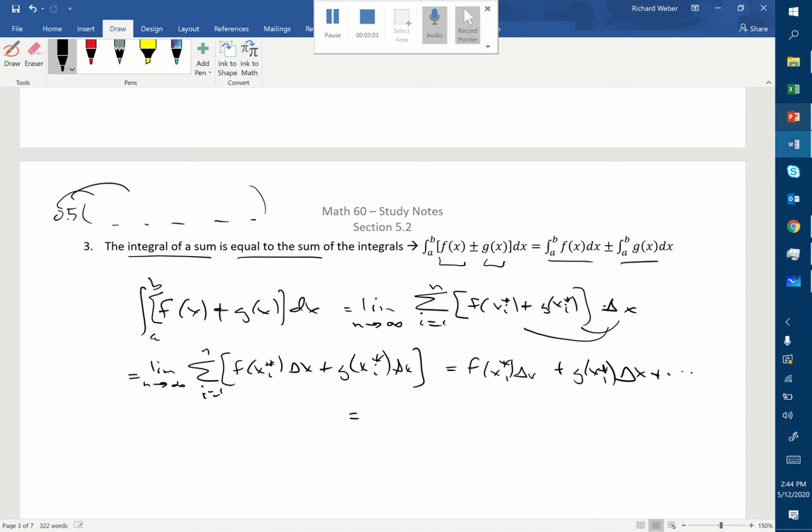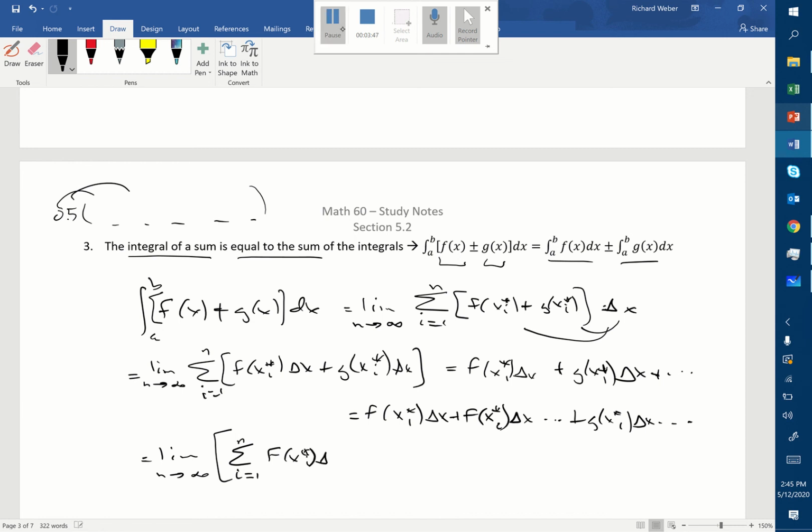Because of the associativity of arithmetic, you can simply put all the f's together: f of x sub 1 star delta x, that's the area of one rectangle, and then plus the area of the other rectangle under only f, f of x sub 2 star delta x, plus dot dot dot, and then you get to the g's, g of x sub 1 star delta x plus, etc. In other words, you can split them apart and write it as the limit as n goes to infinity of two different sums: the sum from i equals 1 to n of f of x sub i star delta x, plus the sum from i equals 1 to n of g of x sub i star times delta x.